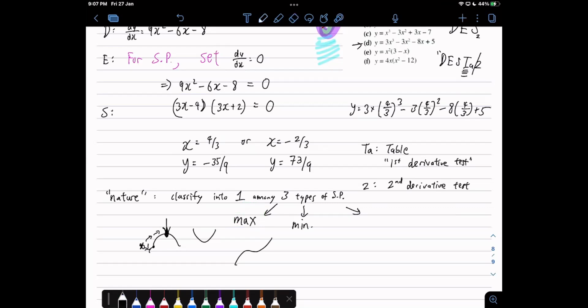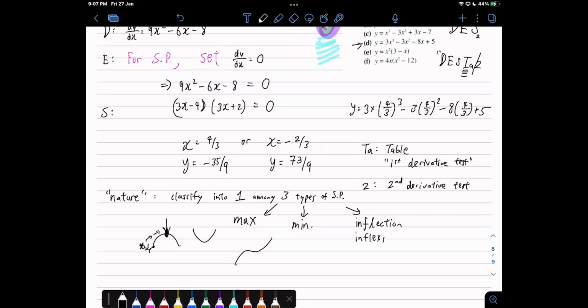Okay, then the last one. Most funny name. Inside, outside? No. I-N-F-L-E-C. Inflection point. Inflection point or inflexion.